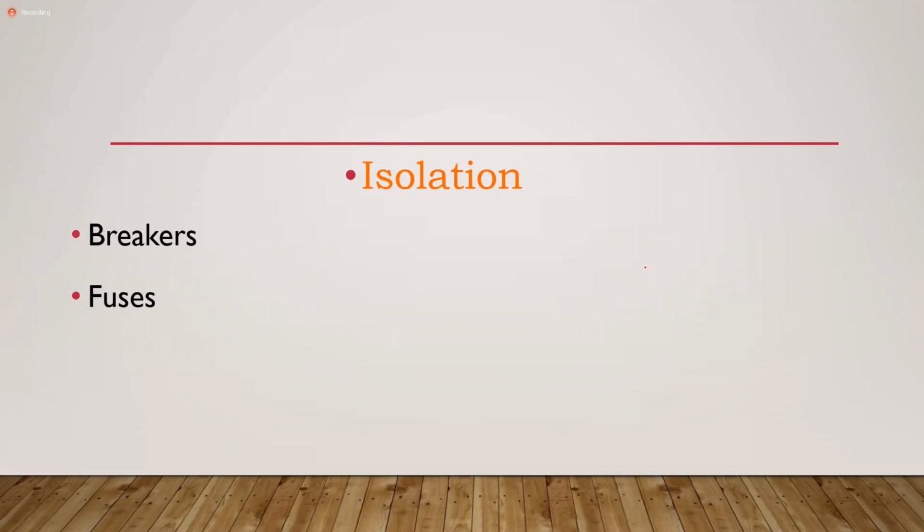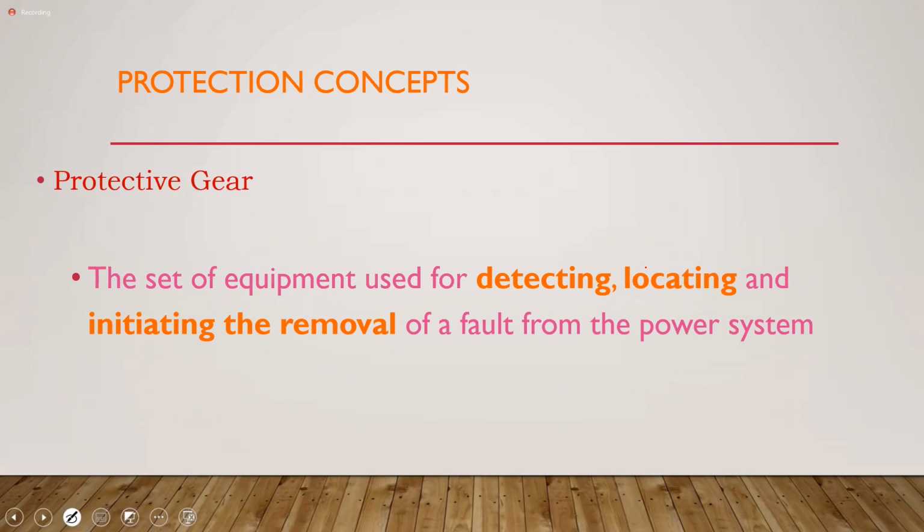Okay. So we start by just looking at some basic concepts. So when I talk about your protective gear, what do I mean by protective gear? Simply put, that's the equipment we use for detecting, locating, and initiating the removal of a fault from the power system.